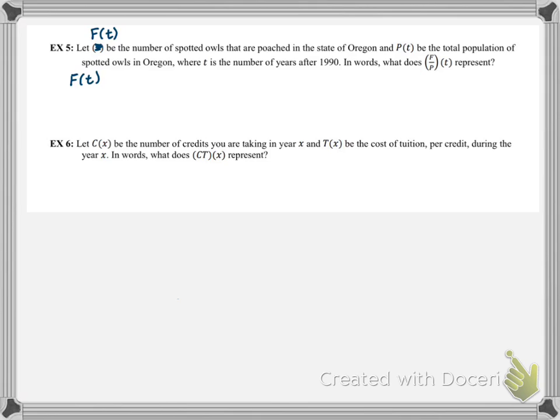So f of t divided by p of t. What does f of t represent? Yeah, the number of owls that are poached.